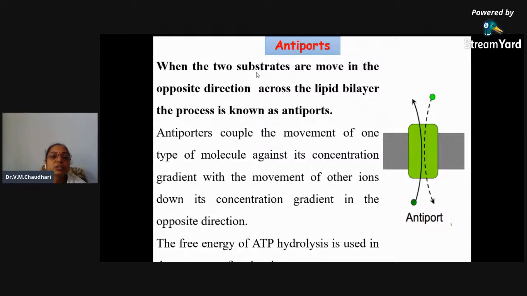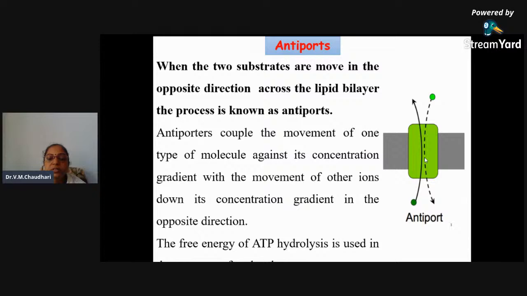That is, one is from outside to inside, and another is from inside to outside. Two substances move in the opposite direction in antiport.